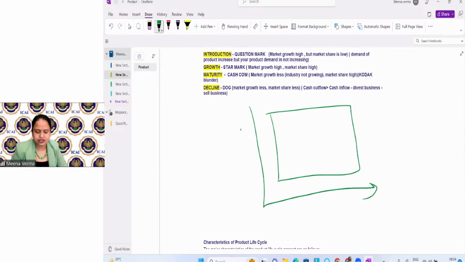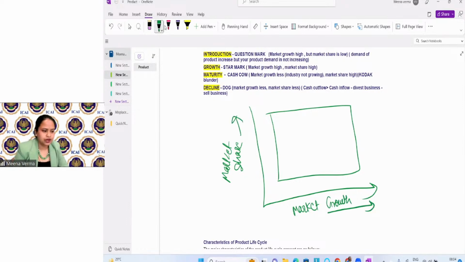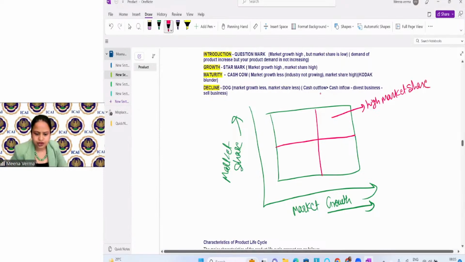On one side, we will consider the market share. And on the other side, we will consider the market growth. And we have this product. This product has high market share and high market growth.